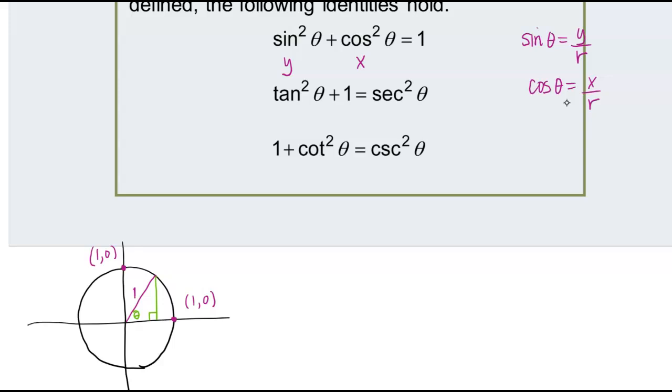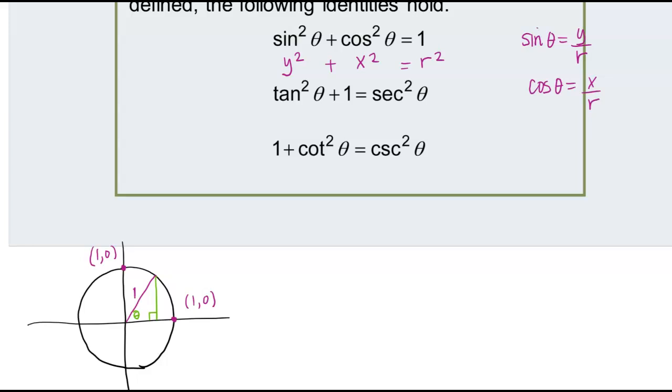But if r is 1, then cosine is just x. And so, and this is r. So this is y squared plus x squared equals r squared. It's exactly the same thing that we've been doing to find the missing components of a triangle. We're just using sines and cosines instead.